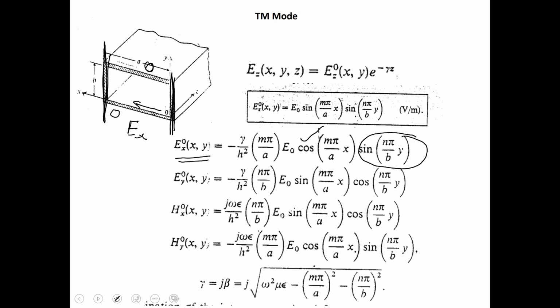Because the field is parallel to the top and the bottom conductor, the electric field has to go to 0 at the top and the bottom conductor. And the only way that can be 0 is by sine. Whereas a perpendicular field can still exist. What happens at this boundary over here is that the field is going to induce some charge.